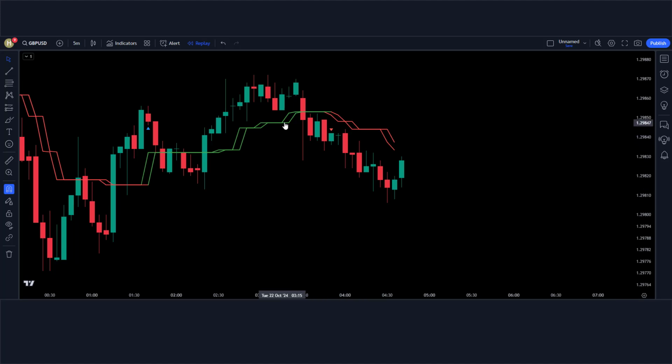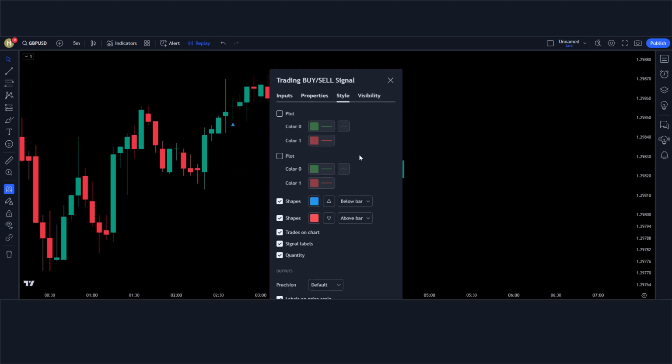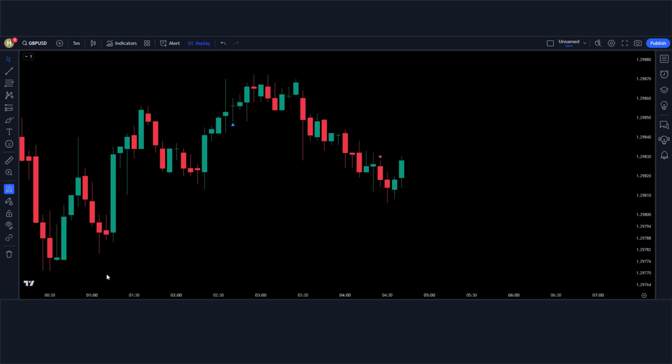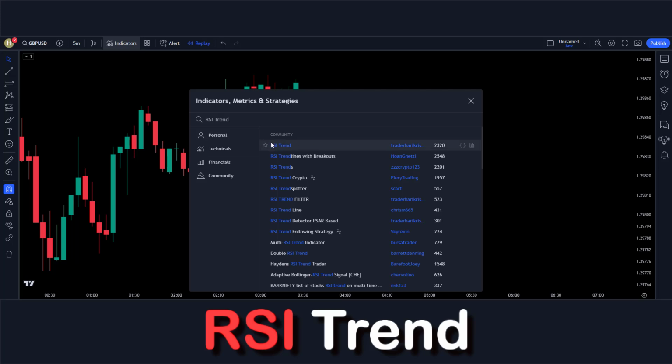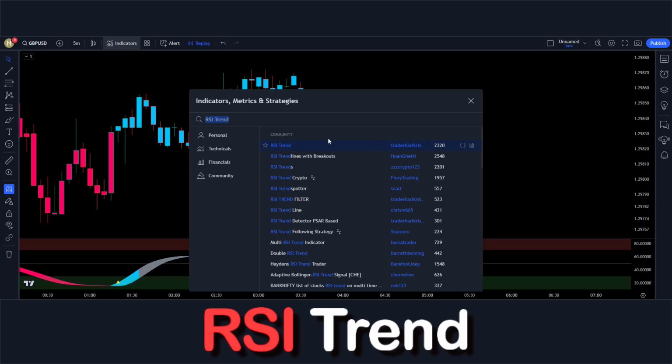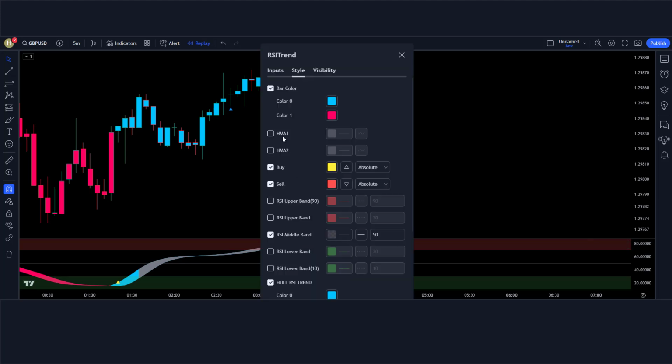Keep the indicator setting as I have shown here. Second indicator name is RSI trend. Keep the indicator setting as I have shown here.